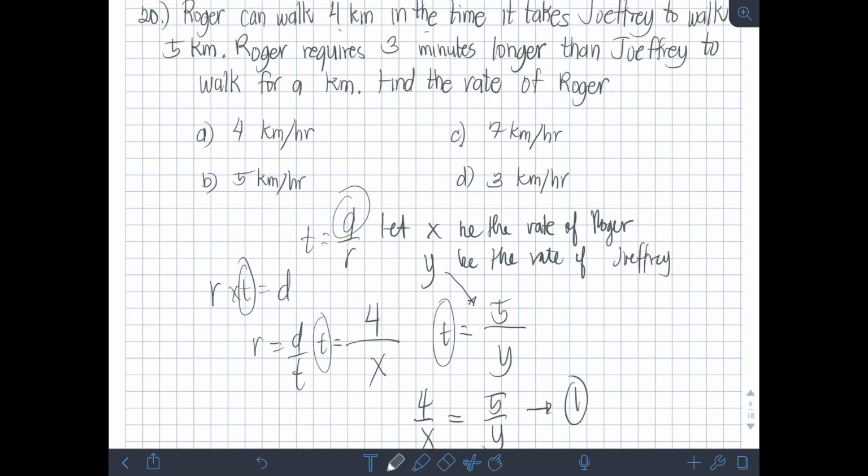So, Roger requires 3 minutes longer than Geoffrey to walk for a kilometer. So, suppose daw yung distance nila ay 1 kilometer, yung time daw ni Roger, 3 minutes longer than Geoffrey. So, 3 minutes longer than time ni Geoffrey. Itong 3 minutes, gawin natin siyang hours kasi yung mga choices natin ay kilometer per hour. So, 3 over 60 or 1 over 20.